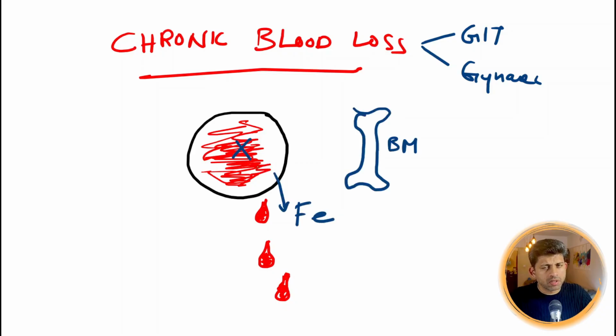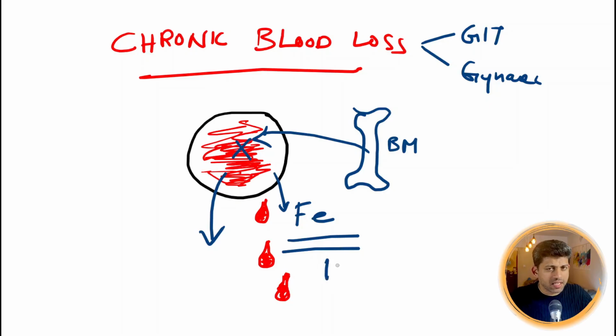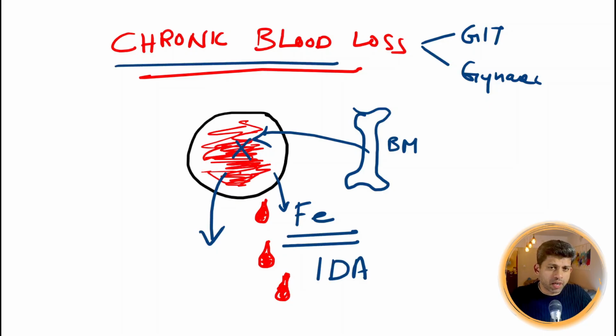Chronic blood loss induces anemia when the loss of blood is more than the capacity of bone marrow to replenish the lost blood. Over time, iron stores are depleted and iron deficiency anemia develops. Because of this, chronic blood loss is one of the most common causes of iron deficiency anemia.